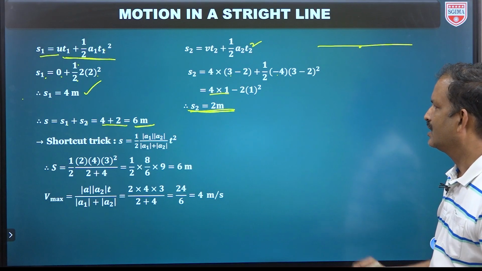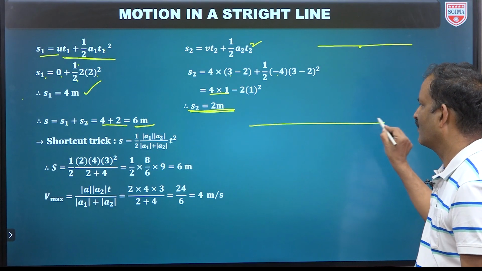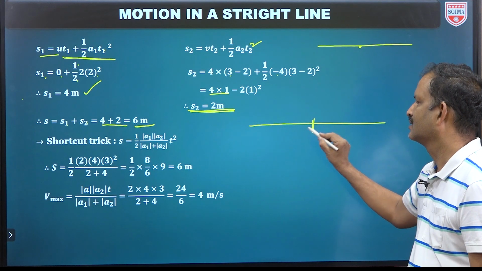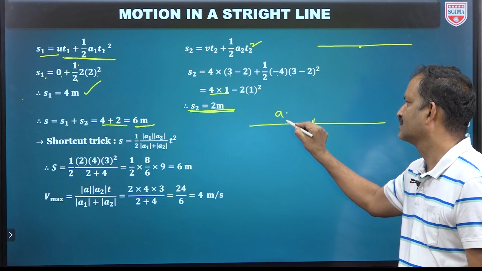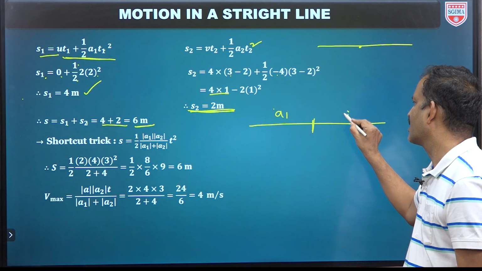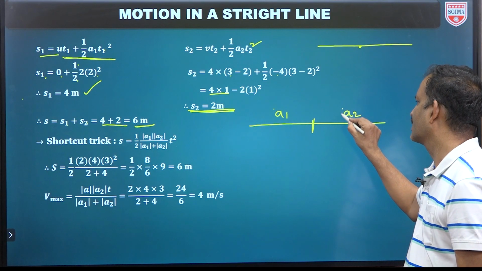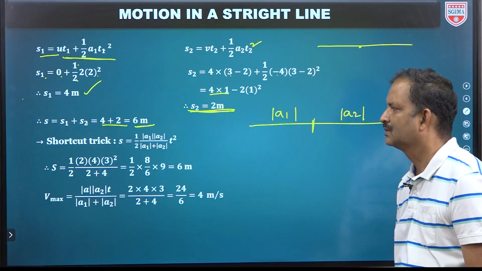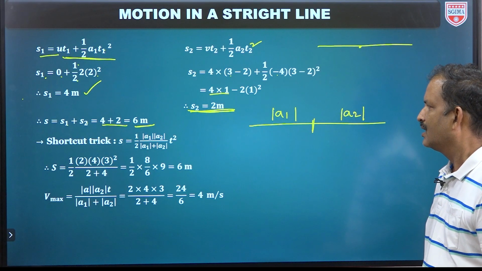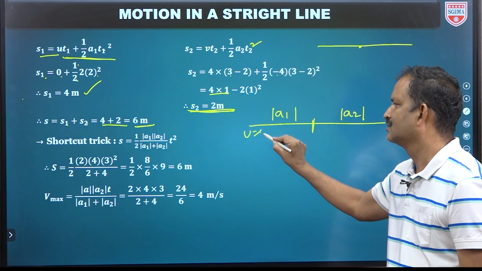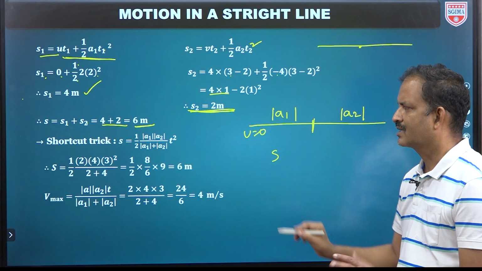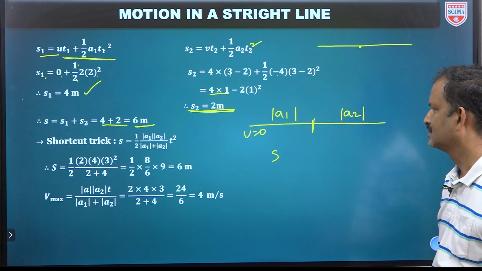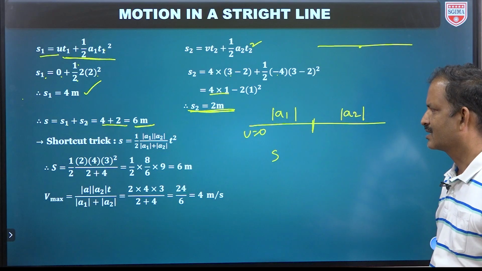Whenever it is given, first acceleration, next retardation, even if retardation is given, you take the magnitude. There is a short trick when it starts from rest. Shortcut has no logic.